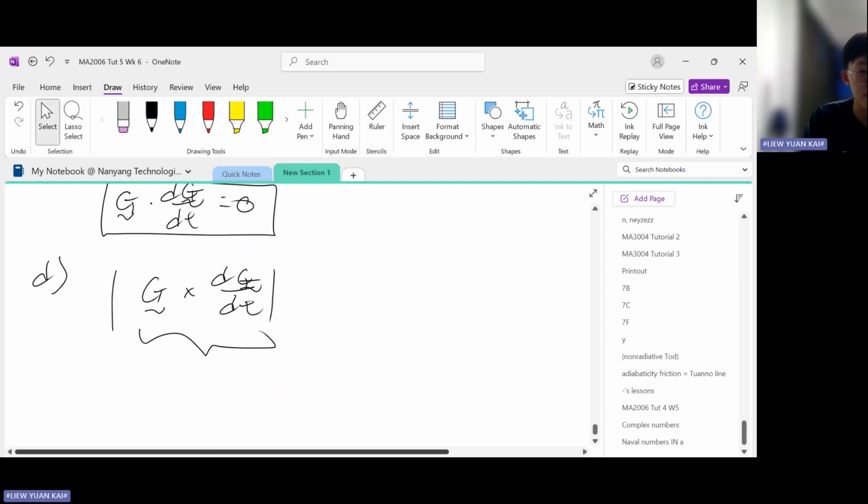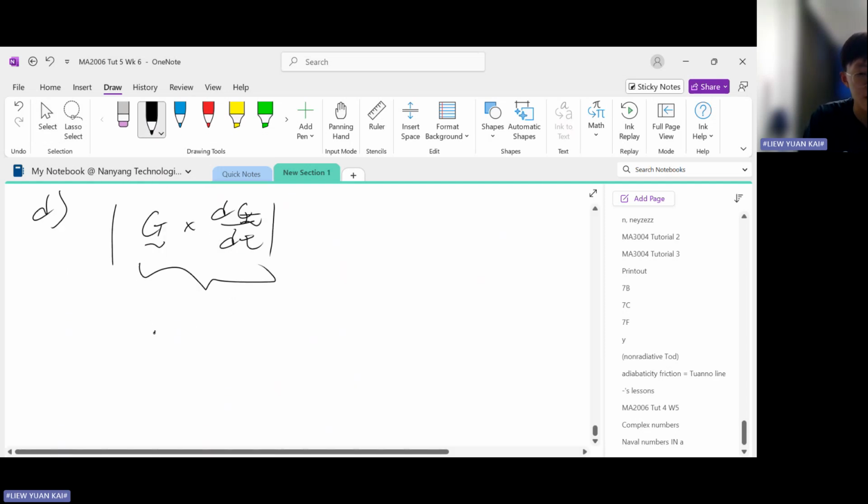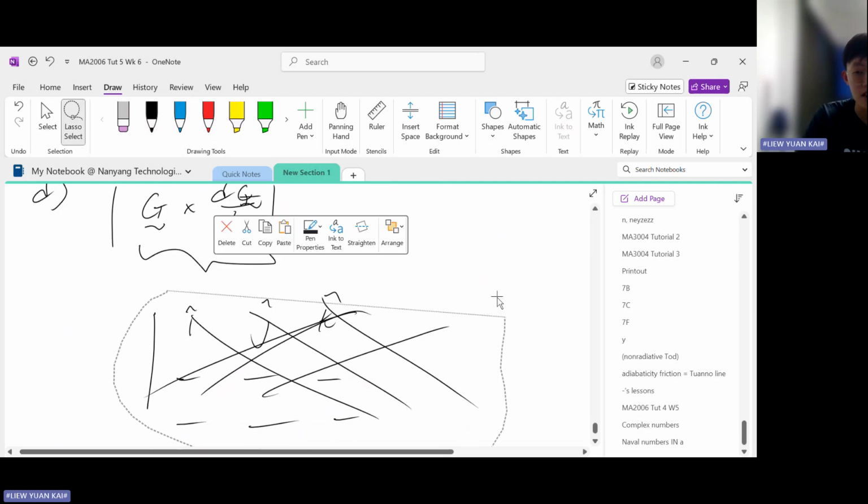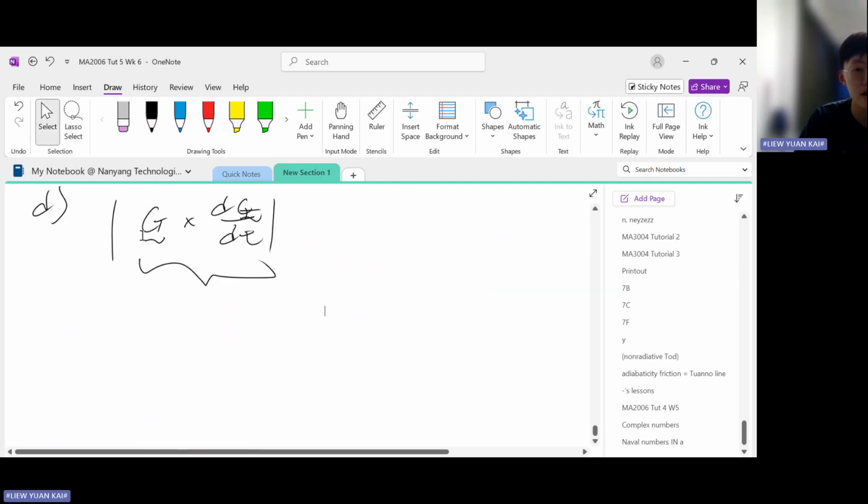But that's difficult. Why? Because you need to find the determinant of i, j, k, and then the g entries, the dg dt entries, and then you need to do Sarrus's rule, which is the criss-cross, criss-cross. But that's very difficult, right? So here's a hack. And the question told us there's a hack. So let's read the question.